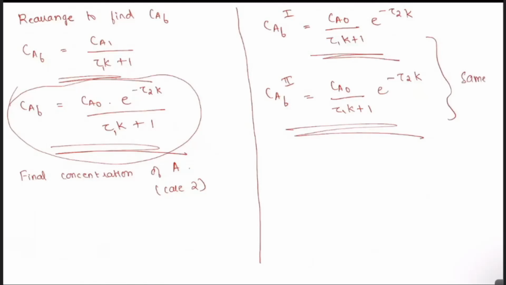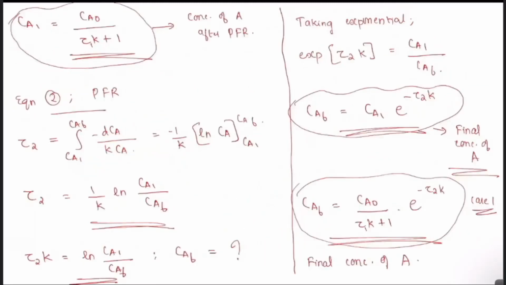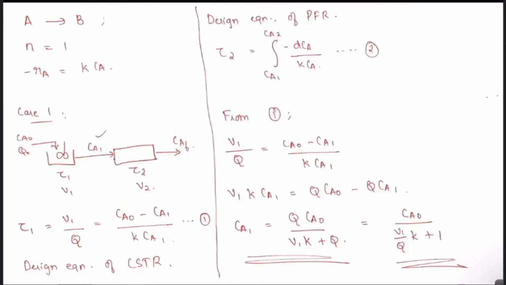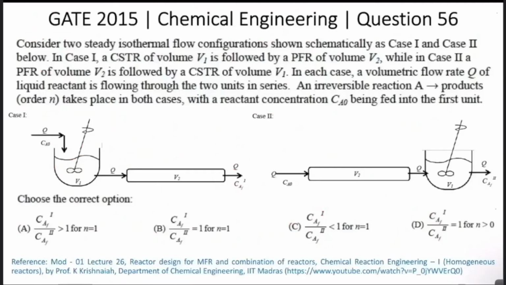So that means for order n equal to 1, CAF case 1 by CAF case 2 is equal to 1. Okay, so out of these 4 options, the right option here is option B.